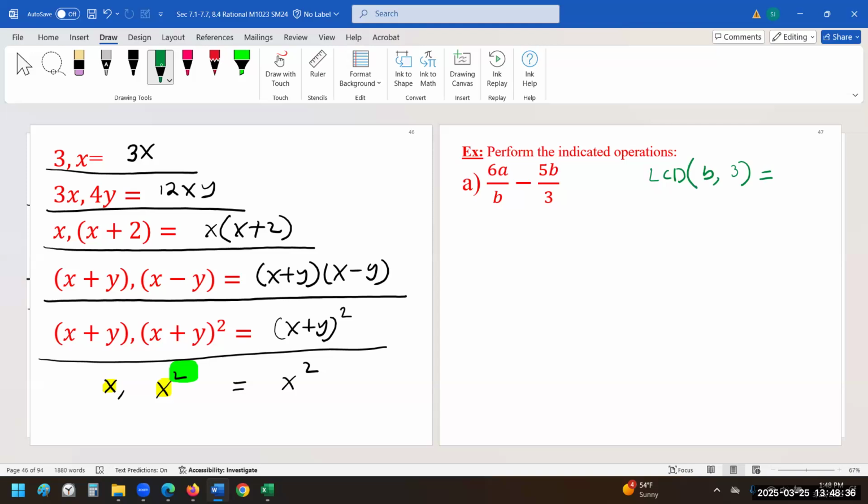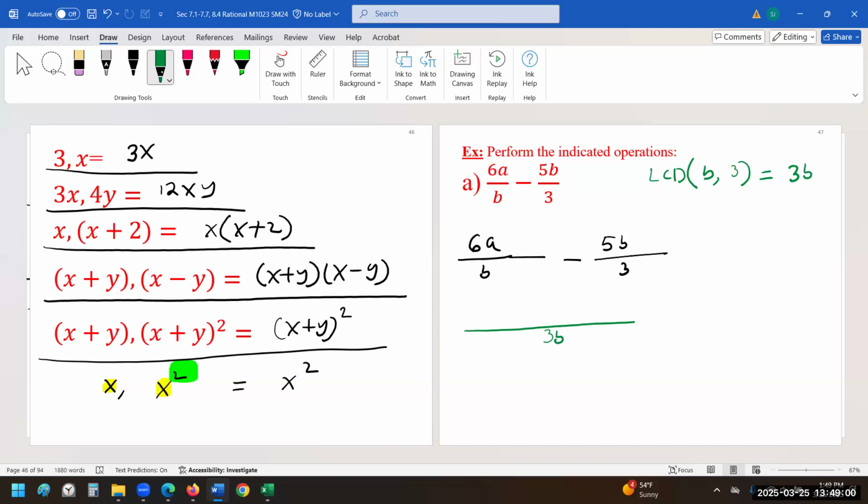Only b or 3b? Because they are completely unrelated, you take their product. So let me rewrite. 6a over b minus 5b over 3. We know we want to have 3b under both denominators.